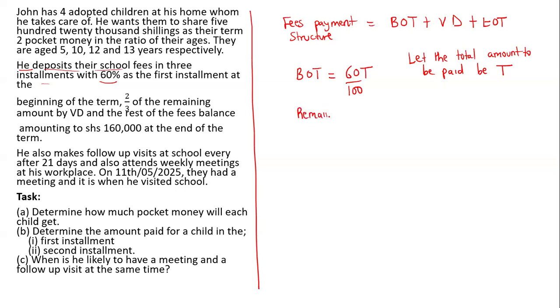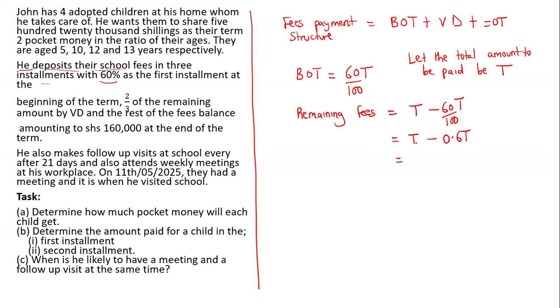Remaining fees will be the capital T minus the 60 out of 100 T. If you want, you can write this as T minus 0.6T.